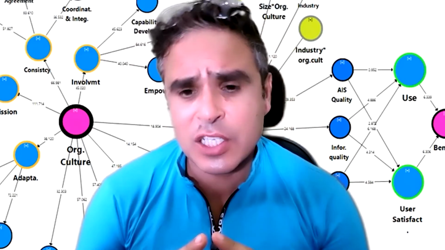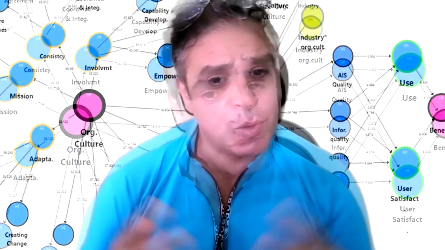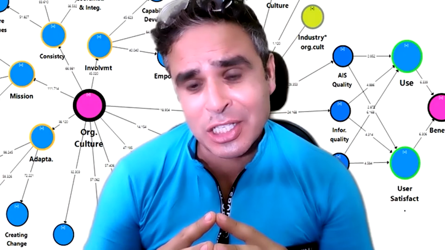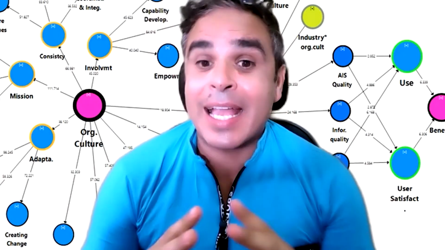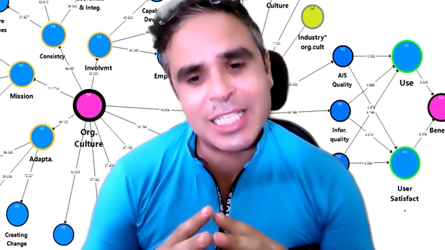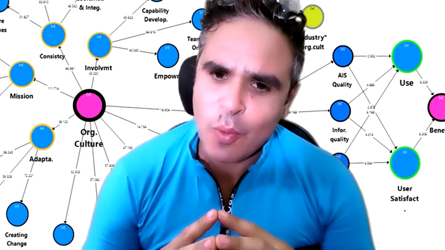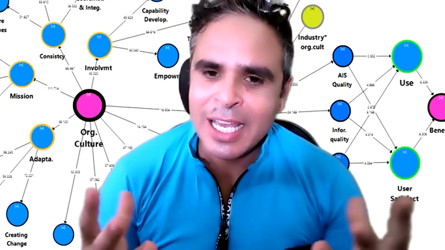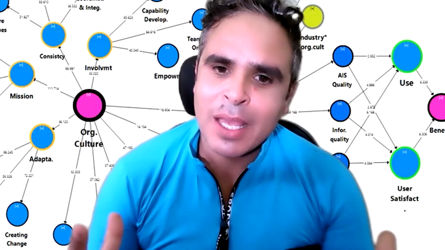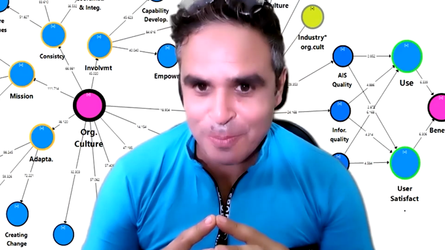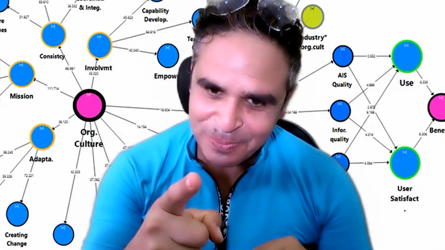Of course, we're going to use SmartPLS to showcase the calculation and reporting of F squared using our data on the factors affecting online banking system use. So please stay tuned.